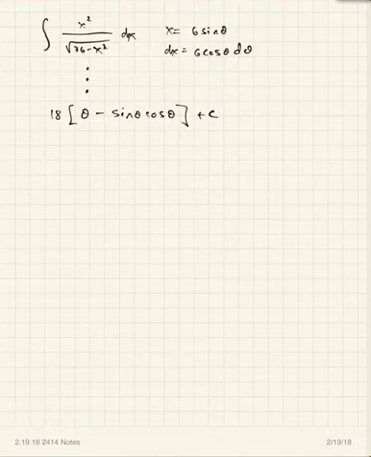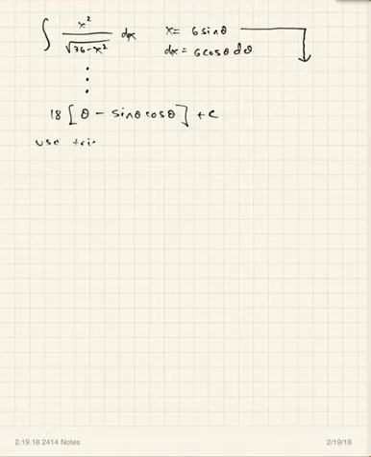All right, so now we're going to use x equals 6 sine theta to label a right triangle. And that right triangle will allow us to write out this expression in terms of x. So I'm going to use the triangle to go back to x.